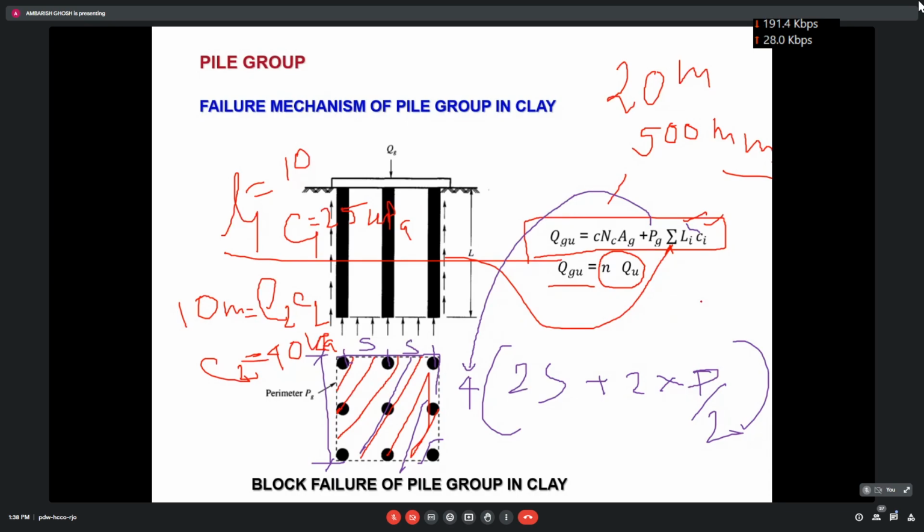If any doubt is there, you tell me. First, you calculate the individual capacity, as you have already done earlier, for a 500 mm dia pile with stratified soil of 25 and 40. For the individual pile, you first calculate the capacity, then you calculate the block failure, and then you see which one is lower.